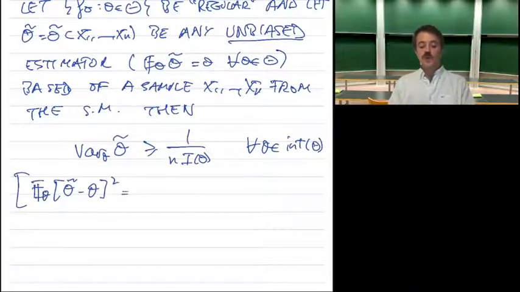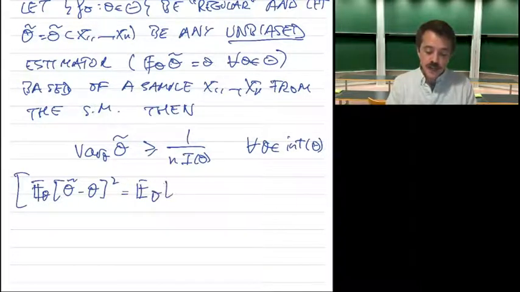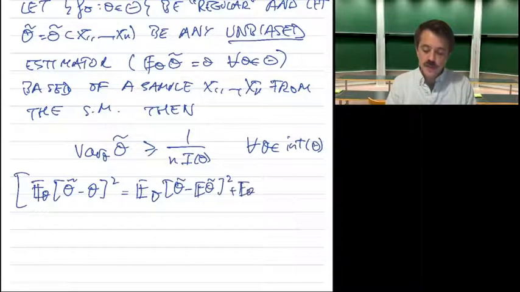quantity, which is the mean squared error, we can add and subtract the expectation of the theta tilde and get the following, plus this expectation. Well, in this case, it would be just simply this guy minus theta, squared.